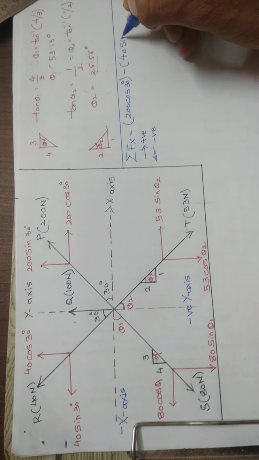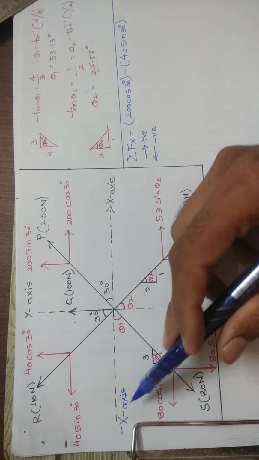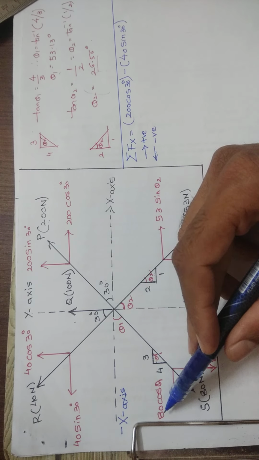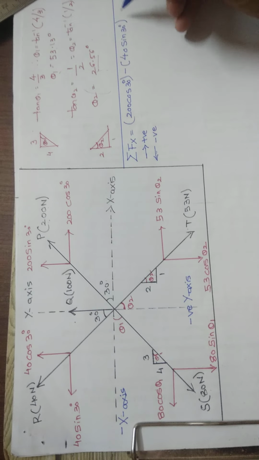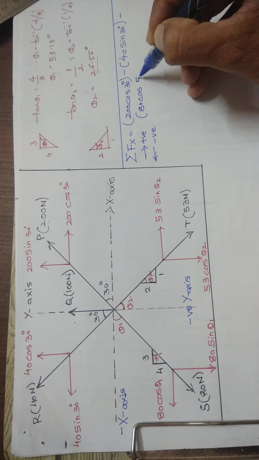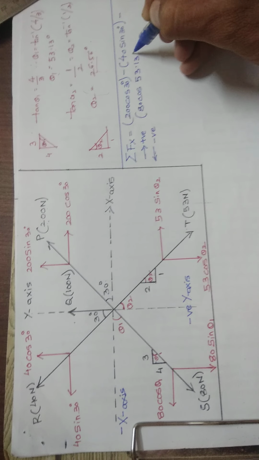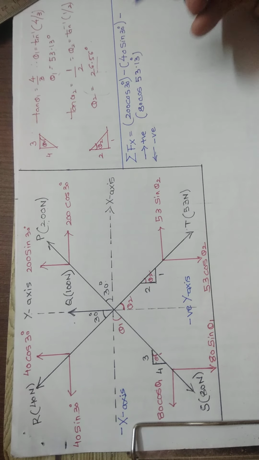Third force, 80 Newton. It again has its X component, again on the left side, so negative: minus 80 cos of theta 1. I am directly putting the value of theta 1, which is 53.13 degrees.